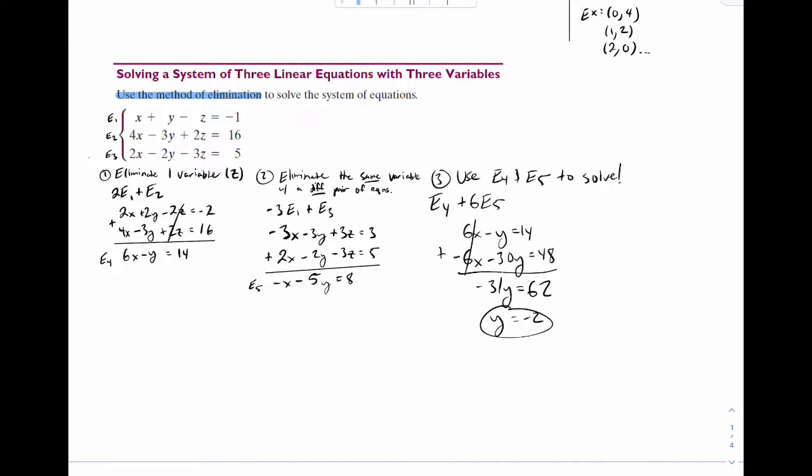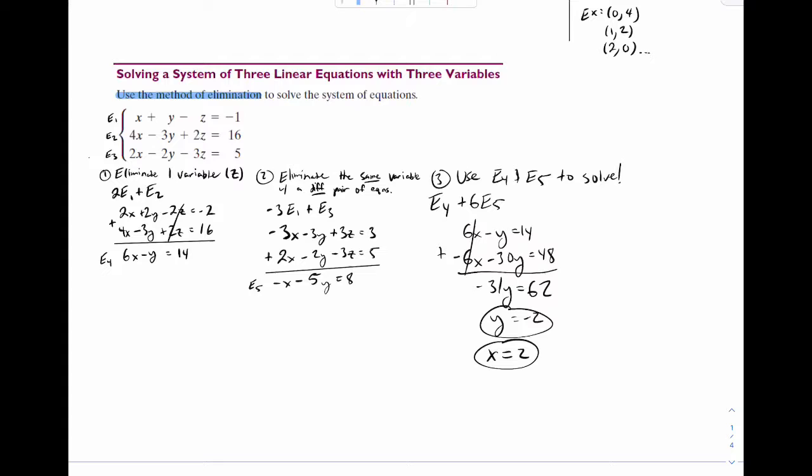You got y. Once you have y, plug it back into any of these. So if I plug in y to this one, for example, I can see that x should be 2. And then you plug in these two into really any one of these. Probably E1 will be the easiest.